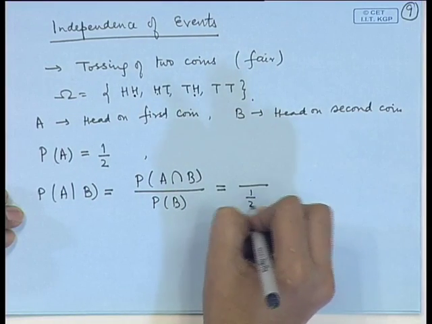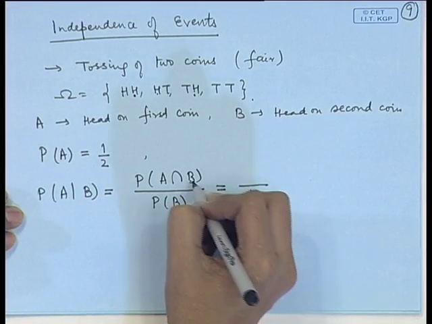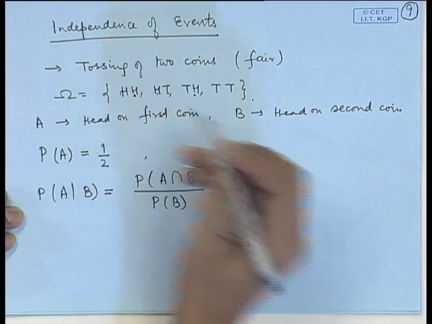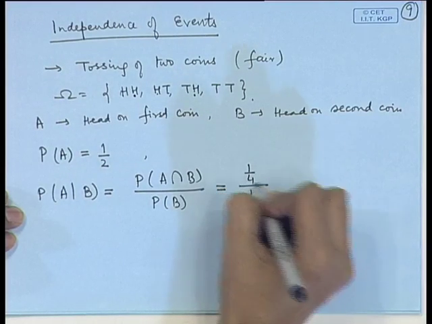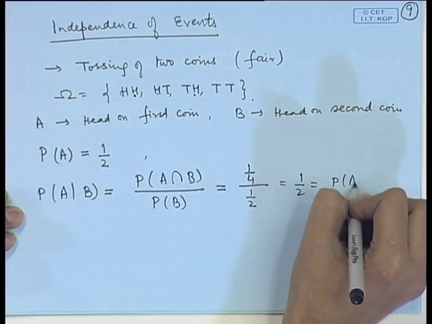So, it is half, and probability of A intersection B means head on the first coin and head on the second coin, which is happening only in one case. So, the probability is 1 by 4. So, this is turning out to be half, which is same as probability of A.